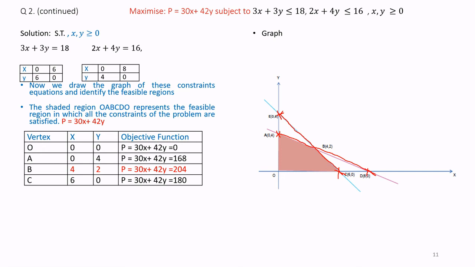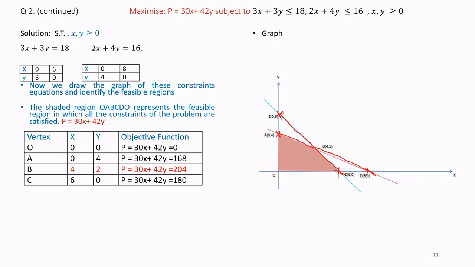Therefore P = 30 into 6 plus 42 into 0, which is equal to 180. If you compare all the values in the right-hand column, we get 0, 168, 204 and 180. So here the maximum value is 204.